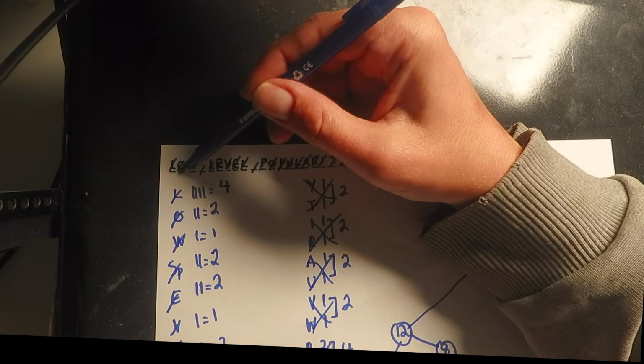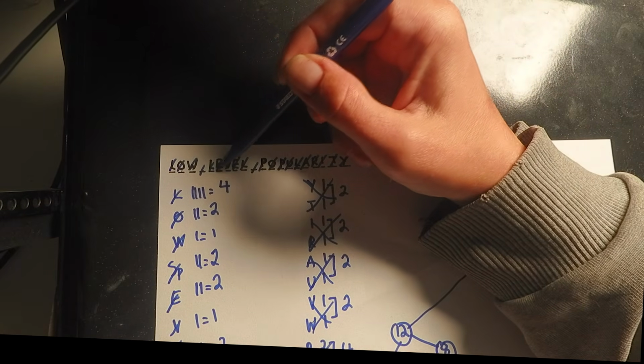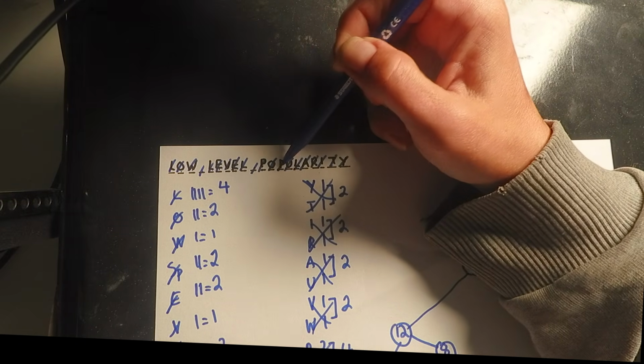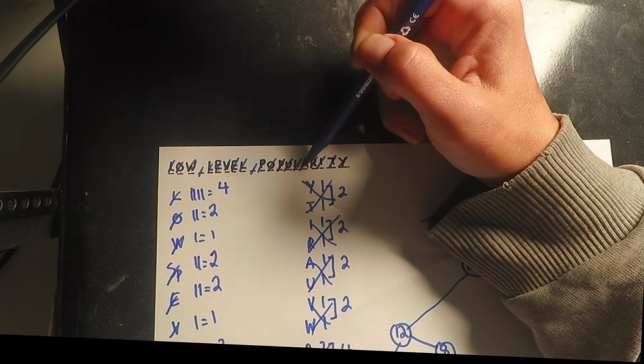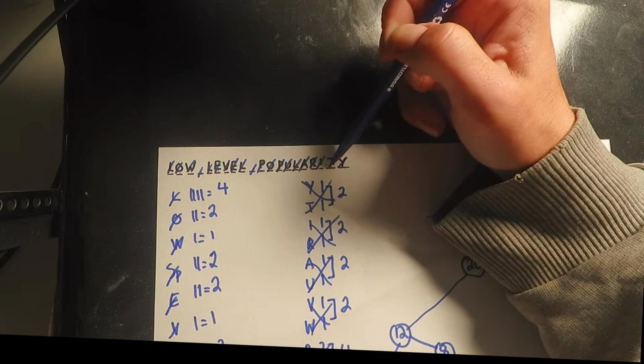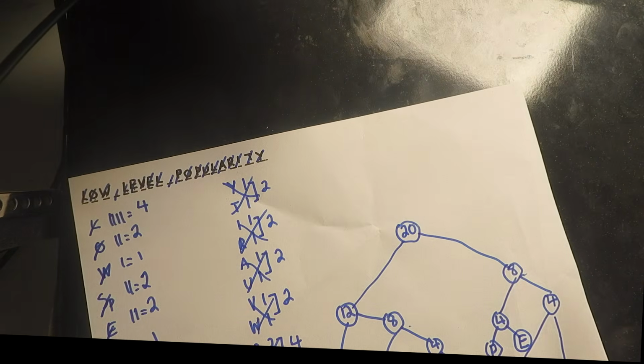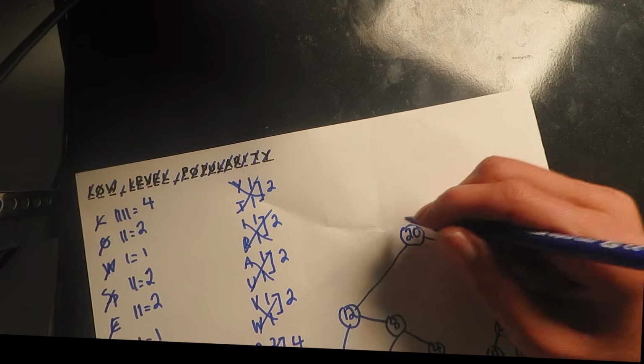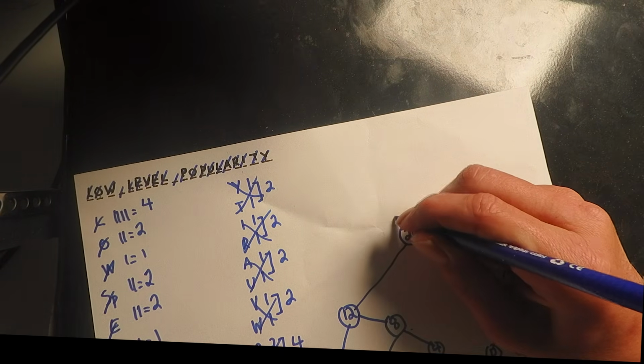So we have 1, 2, 3, 4, 5, 6, 7, 8, 9, 10, 11, 12, 13, 14, 15, 16, 17, 18, 19, 20. Alright, that's good. Okay, so this right here is the root of the tree.